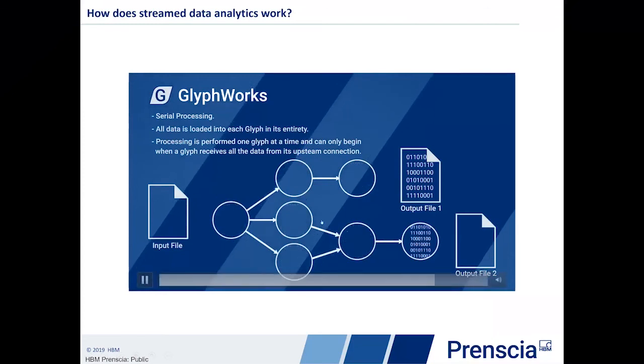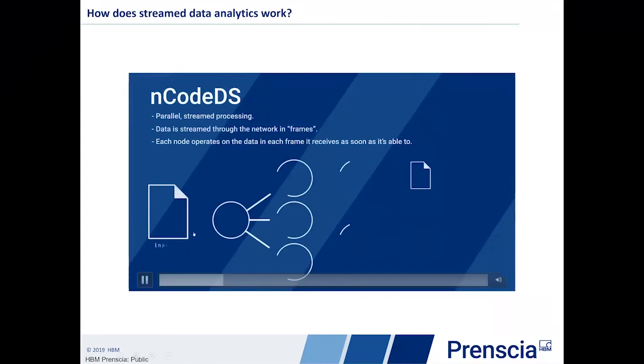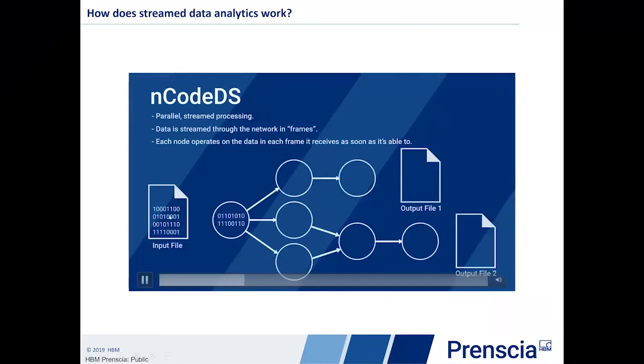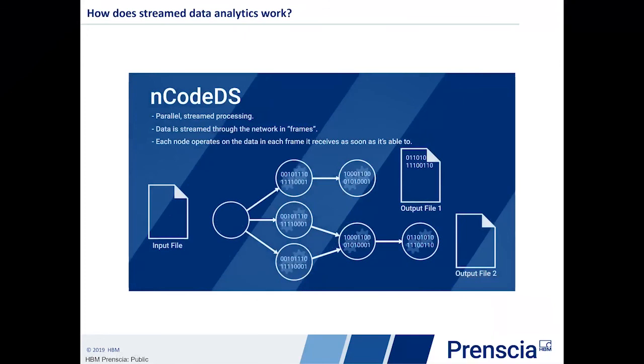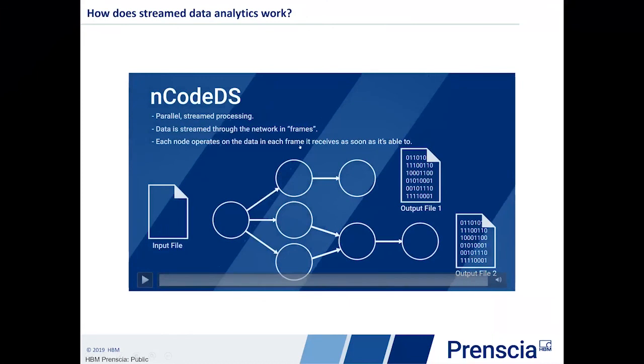That's GlyphWorks. Now in comparison to that, we'll look at the way nCodeDS works. So now it's parallelized streams, which means the input data is broken down into chunks that we call frames, and each frame goes into the next node, the equivalent of a glyph, in the next algorithm, and that enables us to parallelize the whole thing.